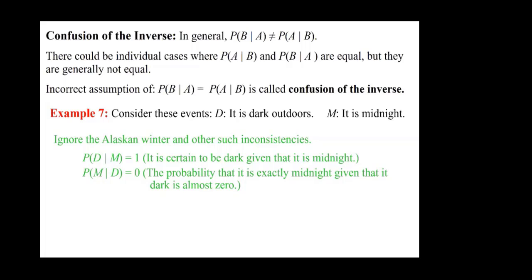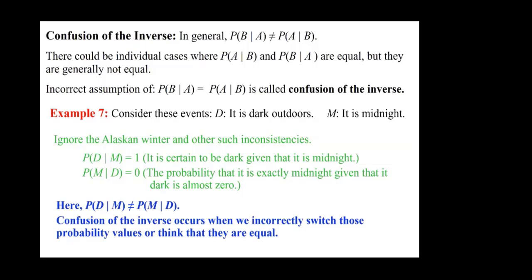So probability of D given M. In other words, the question is, what is the probability that it is dark when it's midnight? Normally it is 1 or 100%. Probability of M given D is probably 0, because the probability that it is exactly midnight given that it is dark is almost 0, or maybe close to 0, by the way. Confusion of the inverse occurs when we switch those probability values or think that they are equal.